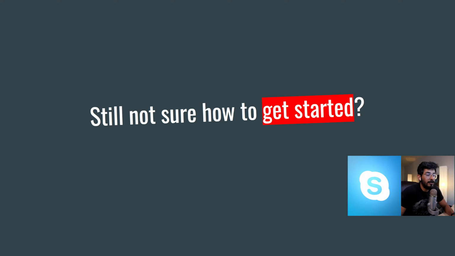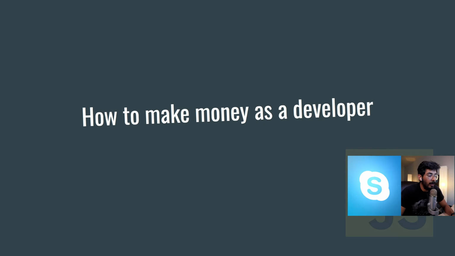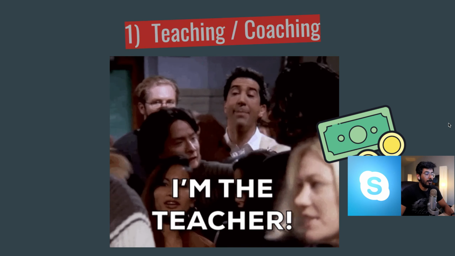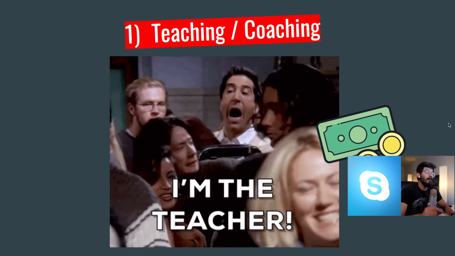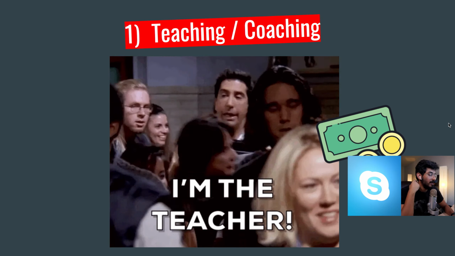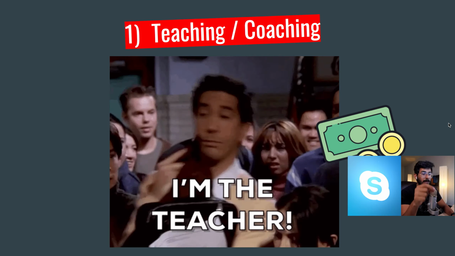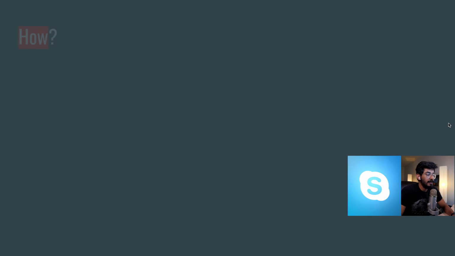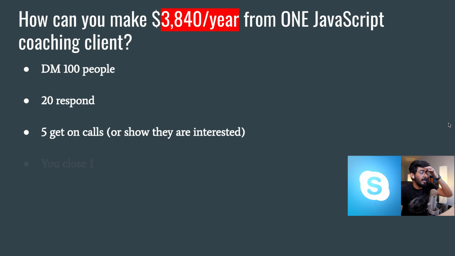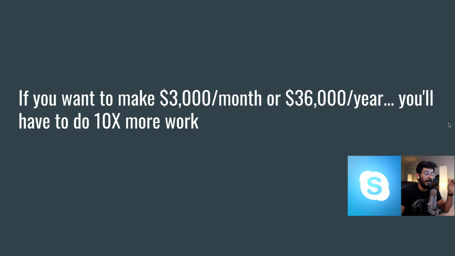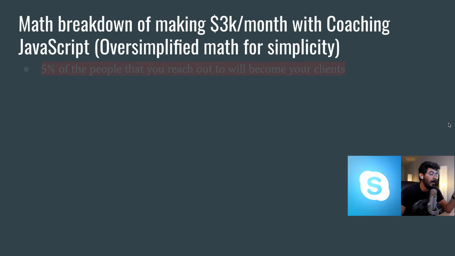And if you guys are still not sure how to get started, we can talk about how to make money as a developer. We covered this in a lot of detail in the last live stream, so we're not going to go too much into detail, but one of the ways you can make an income is by teaching coding to people. I'm going to list out some platforms that are good for this. If you're interested, you can pause and view this, but I already covered a lot of it in the Front-End Developer Guide.